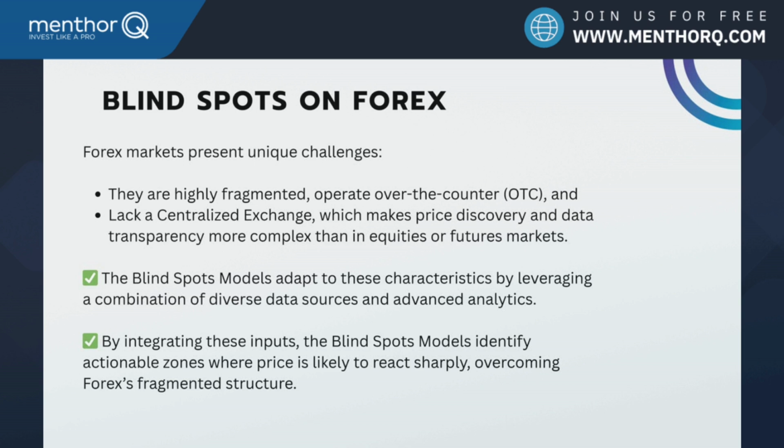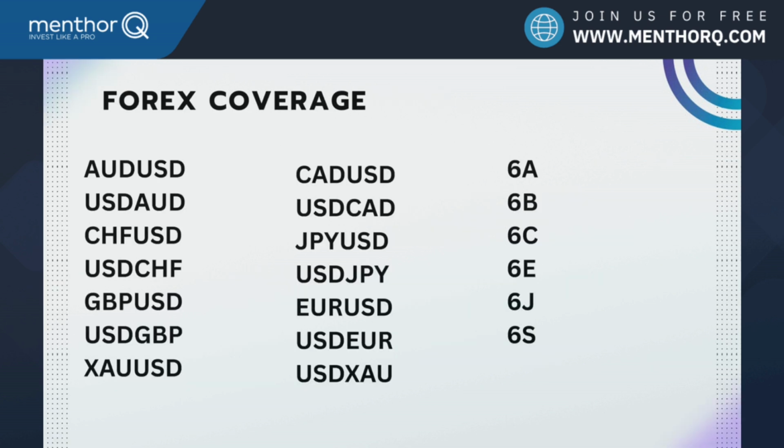We can apply that by integrating these inputs in our blind spot model, which can help us identify actionable zones where the price would be likely to react. So for Forex traders, you can combine blind spots with your technical indicators, with your support and resistance areas, and that can become a very great tool for you guys. If we look at our Forex coverage, we cover right now our major pairs.